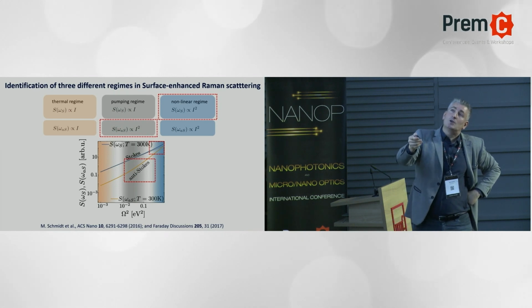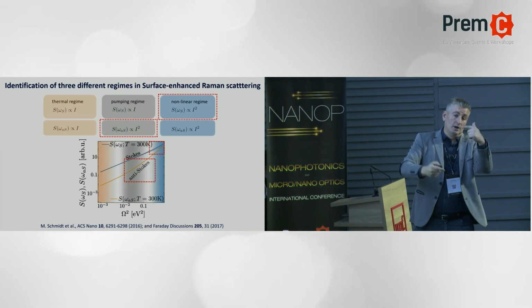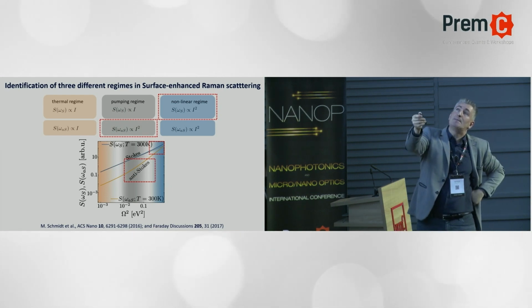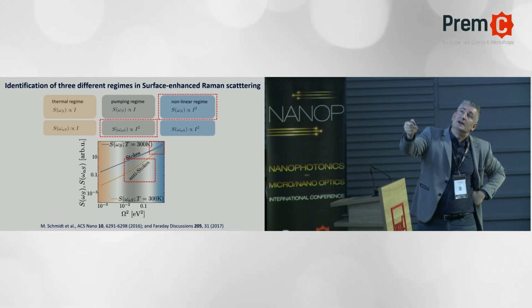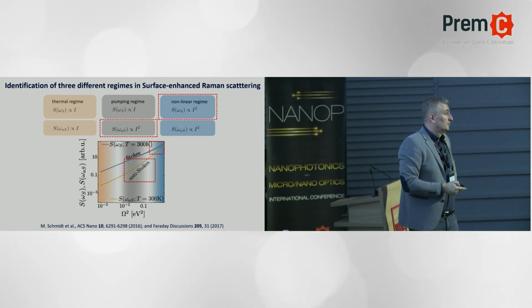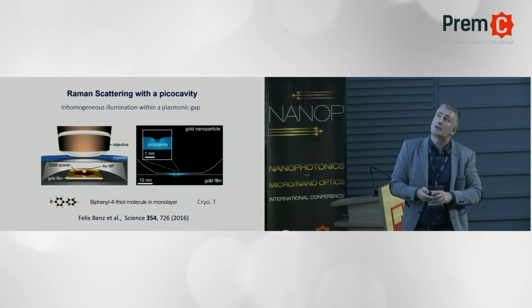And then in the anti-Stokes, we start identifying a quadratic, a very nonlinear behavior, which is a result of this optomechanical interaction, that in the Stokes happens a little bit later in what we call a strong nonlinear regime. So this will be the pumping regime, and this will be the strongly nonlinear regime. And this is what we got from our calculations, with typical parameters of plasmonics and molecular strengths.